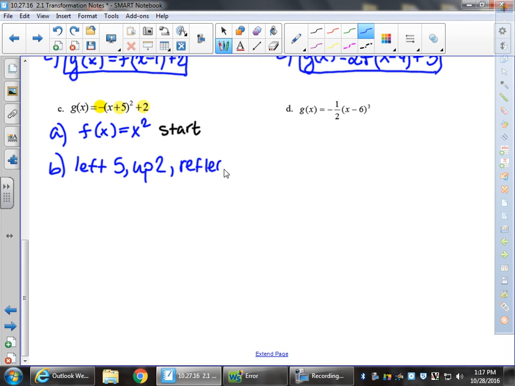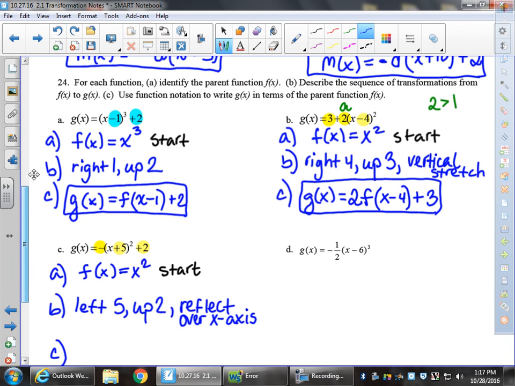Reflect over the x-axis. So now instead of opening up, it will open down. Question C asks us to put what we just put into words, represent it algebraically by saying, with function notation, what g of x is in terms of f of x.